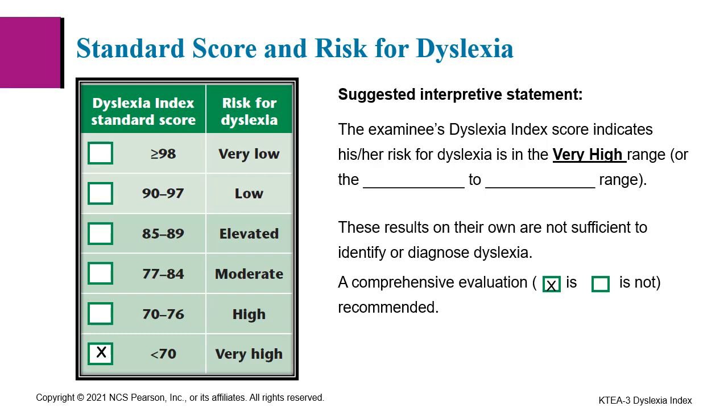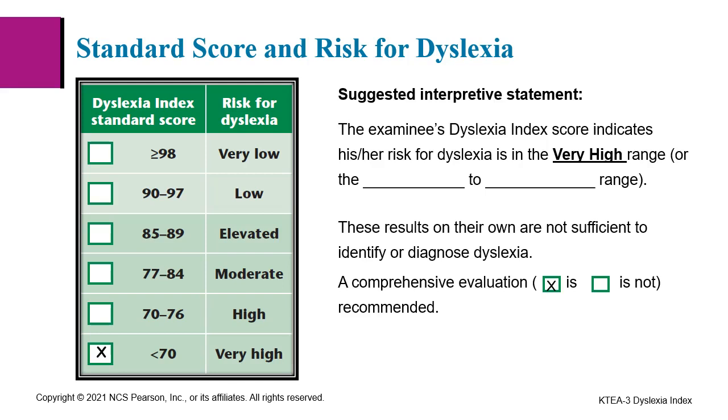At the extremes, standard scores of 98 and above are considered to be at very low risk for dyslexia, and standard scores between 90 and 97 are considered to be at low risk for dyslexia. Standard scores below 70 are considered to be at very high risk for dyslexia, and standard scores between 70 and 76 are considered to be at high risk for dyslexia.